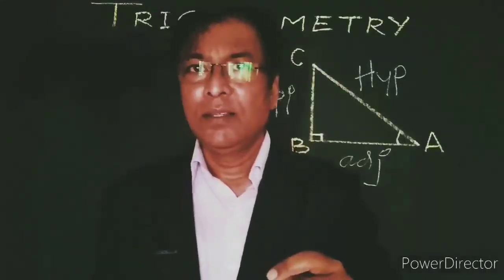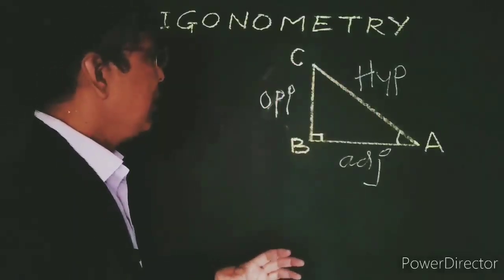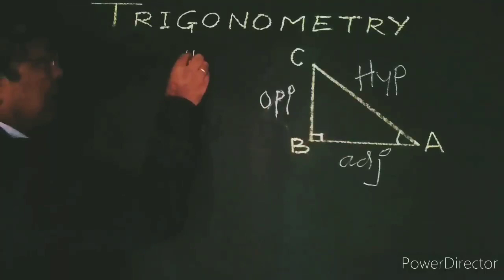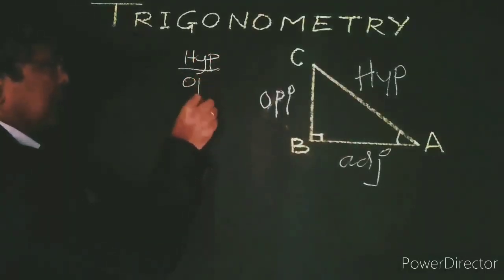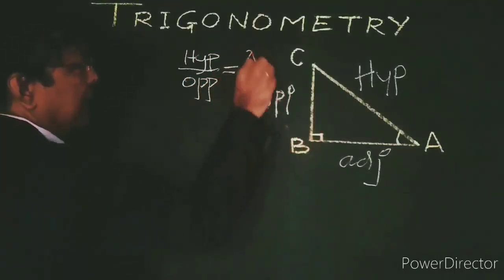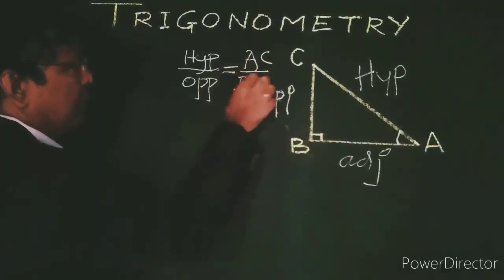Now let us see the fifth ratio. The fifth ratio can be obtained by dividing the hypotenuse by the opposite side. What is the name of the hypotenuse? That is AC. What is the name of the opposite side? That is BC.